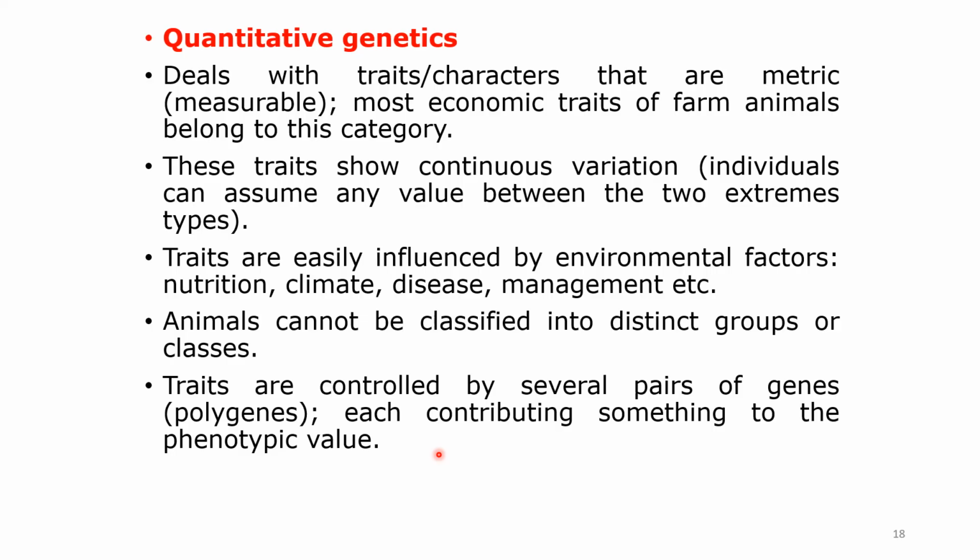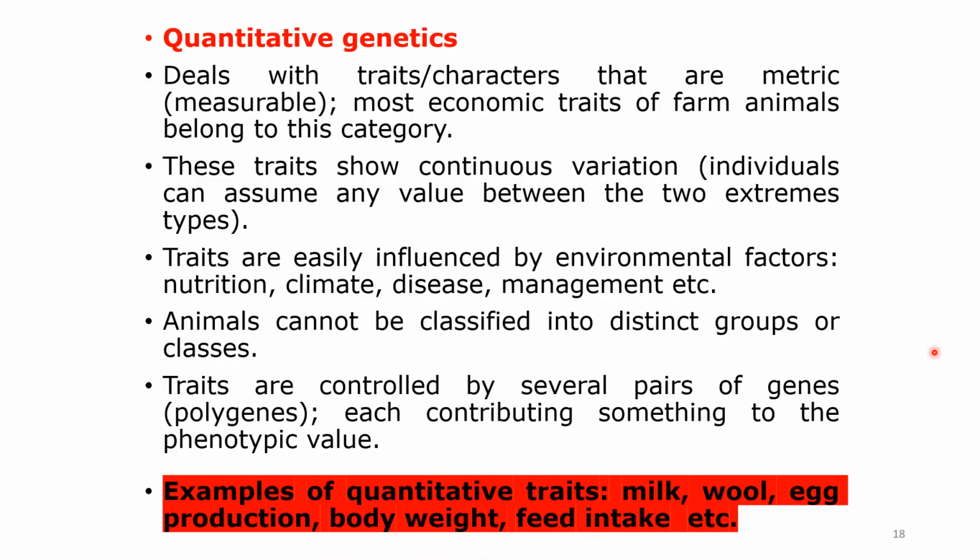Could be feed intake gene, could be gene that controls water intake, the production of the milk itself, heat control, and so on. So all the genes that play a role in the production of milk play their little roles, and each of those roles are added up to give us the phenotypic value, which is the quantity of milk that we measure in the animals.